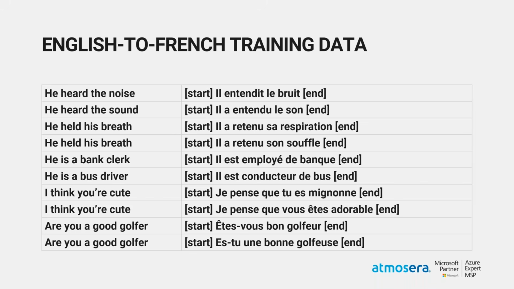Among other things, that means we don't have to assume that the number of words in the French translation will equal the number of words in the original English, because in most cases they do not. This is just a few examples of the 50,000 phrase pairs that I trained with. Realize Google Translate was trained with 25 billion phrase pairs similar to these.